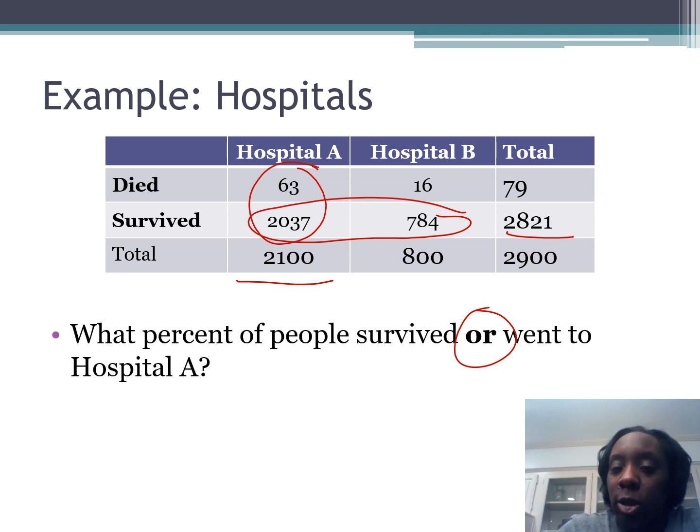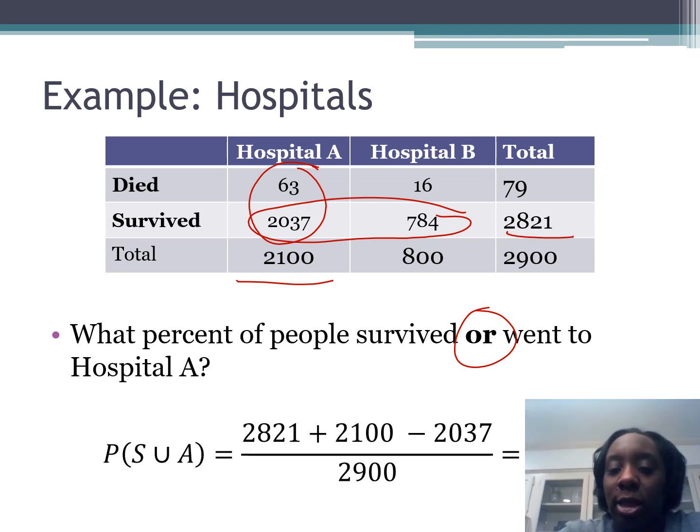So on the formula chart they give you, I just need to take away the number that is twice, which is the intersection. The 2,037 people is a part of hospital A and part of the survivors. So the math looks like this. 2821 plus 2100 minus 2,037. That is your answer to that problem.